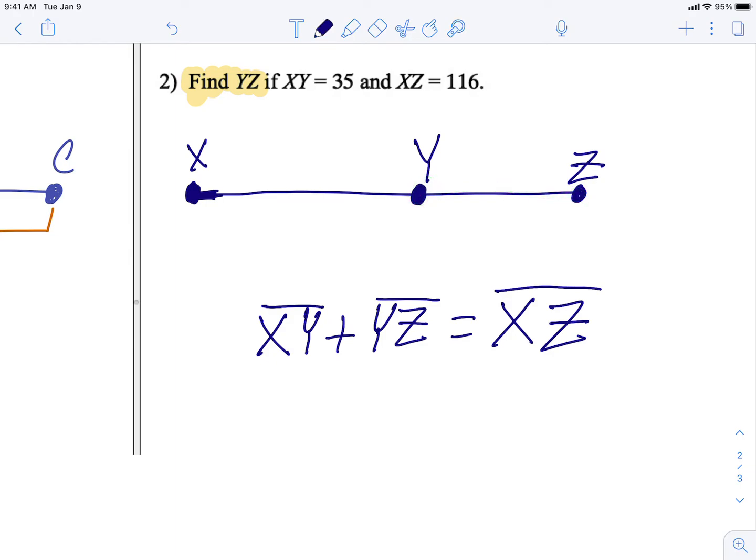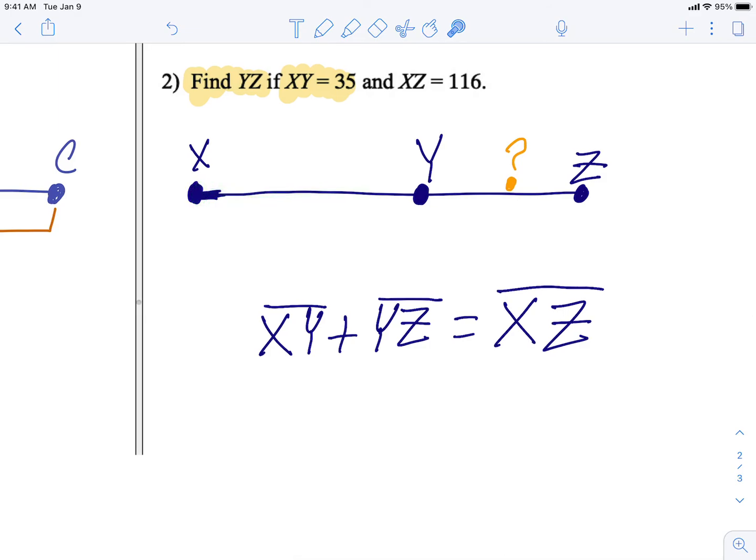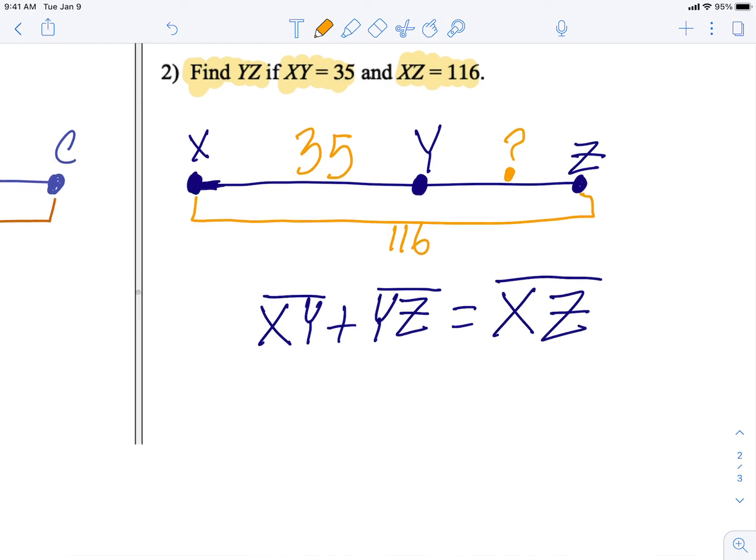So let's put in a question mark. It says XY is equal to 35. X to Y is equal to 35. And it says X to Z is 116. So X all the way to Z is 116.